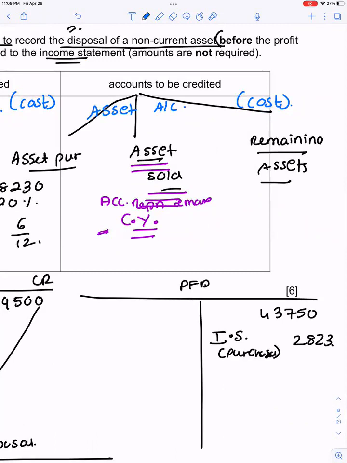Now how do I get the remaining assets? By removing the sold one. So we'll do cost of all minus cost of the asset that is sold.